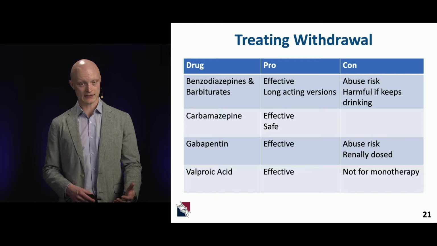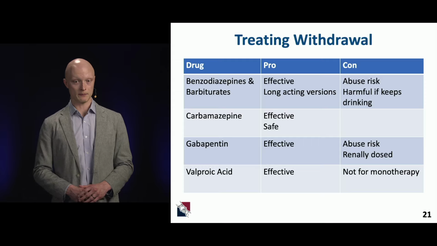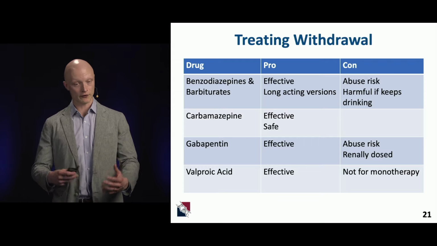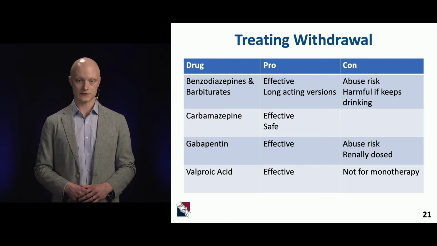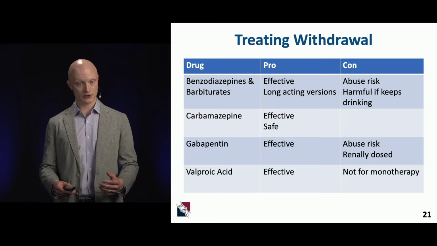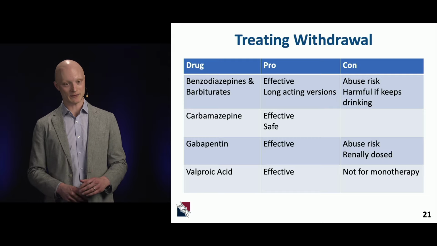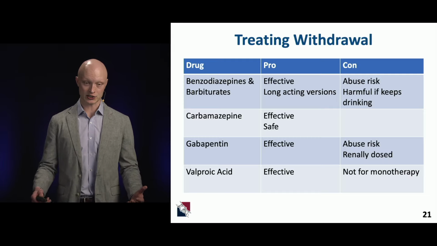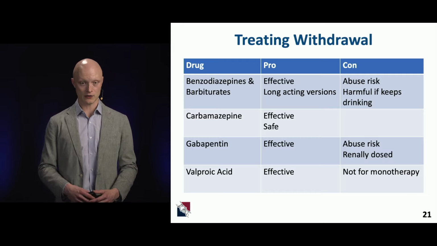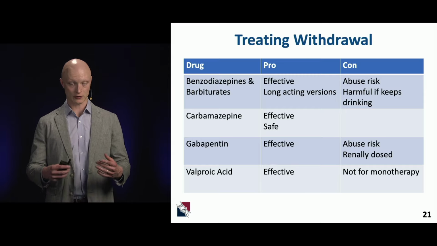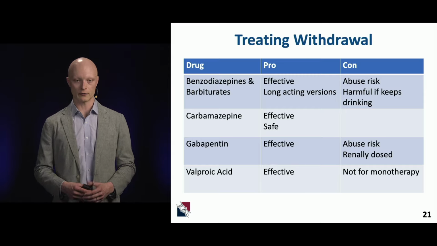They directly act on GABA, which is basically the main receptor involved in alcohol withdrawal symptoms. There are also long-acting versions of these medications, such as chlordiazepoxide and diazepam, which can last a long time in the patient's system, so they don't go into withdrawal or need to frequently dose, either with alcohol or with benzos.